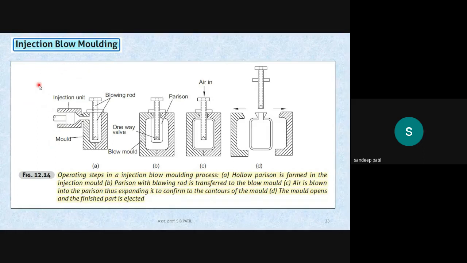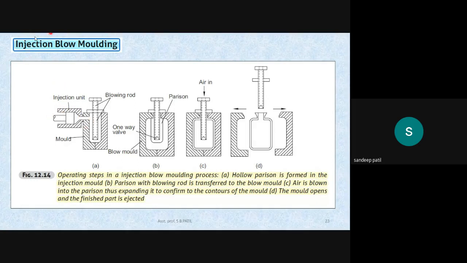This is the only replacement, and the rest of the blow molding process is the same. The output of the injection or extrusion unit is taken here, then air is inflated so that it takes the shape of the mold, and then the mold is opened so that we get the output material. So this is the basic blow molding process. Only the way of injecting the plastic into the blow molding process is different.